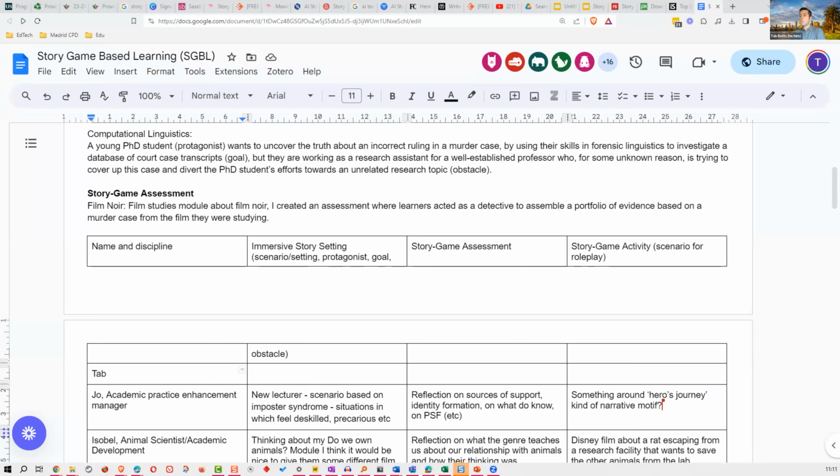So those would be the key things that I was looking at for that assessment. But one of the good things about portfolio assessment is that it's quite flexible. You could tailor it to assess different types of skills and different types of learning outcomes.